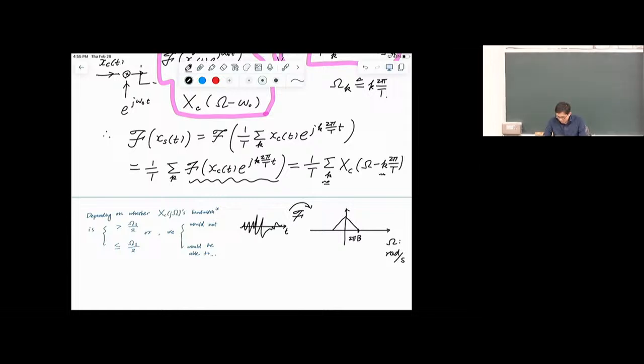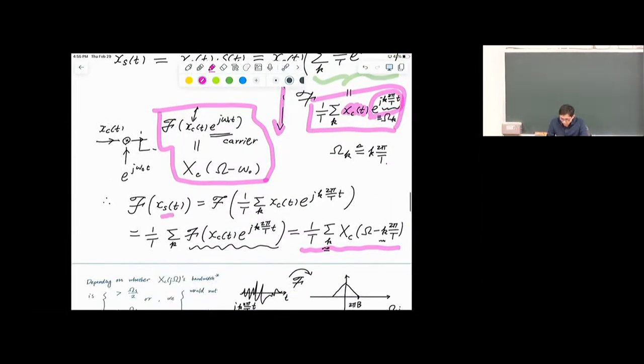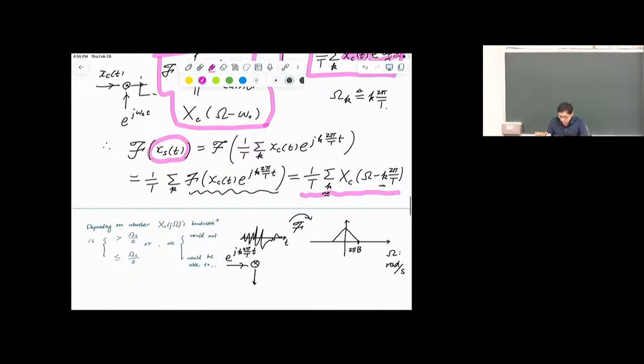But then, when we multiply with e to the j k times 2 pi divided by small t, the result that we just obtained is that when we sample the signal, let me just directly go for sampling.